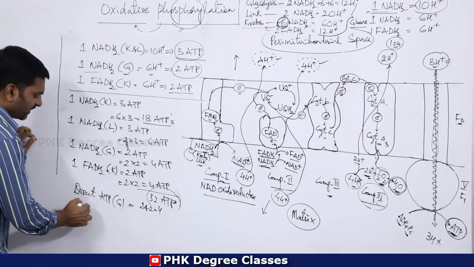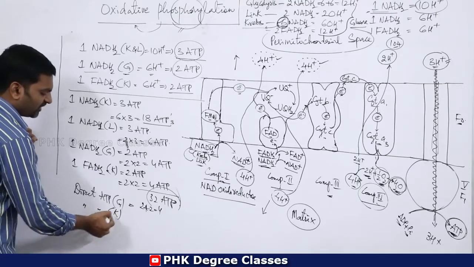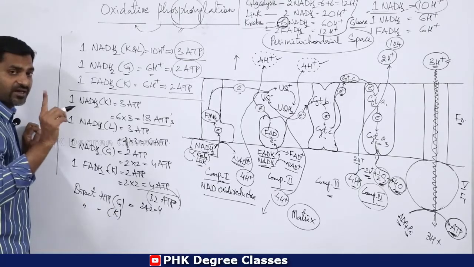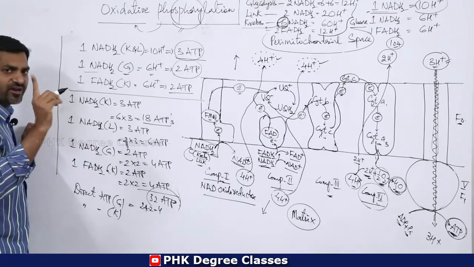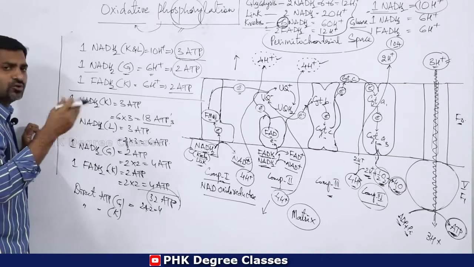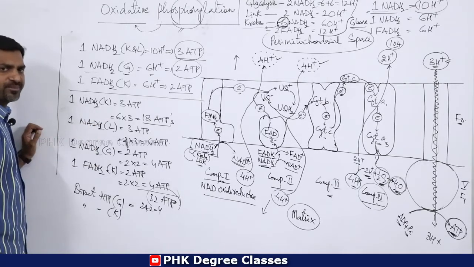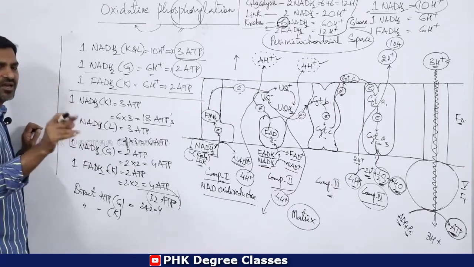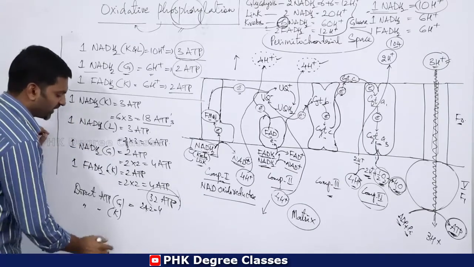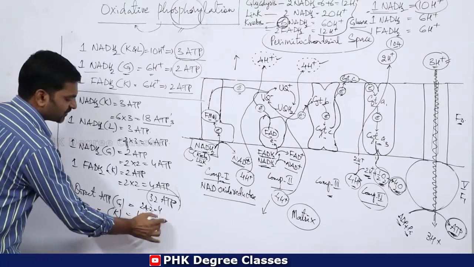Then direct ATP formation in the Krebs cycle. If one acetyl CoA enters one Krebs cycle, there is formation of 1 ATP. There are 2 acetyl CoAs formed, so if the 2 acetyl CoAs are involved in the Krebs cycle, there will be formation of 2 ATPs. So 1 plus 1 is equal to 2.